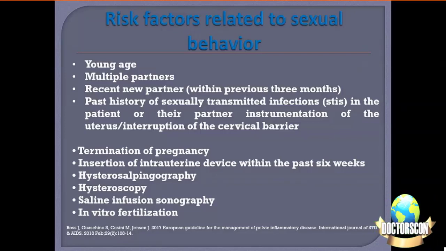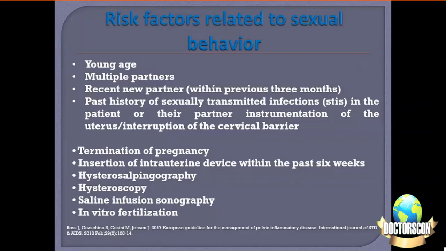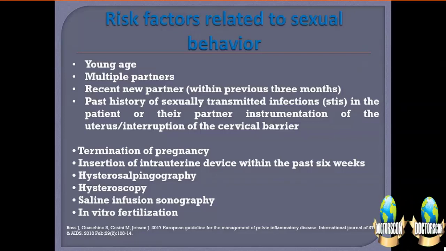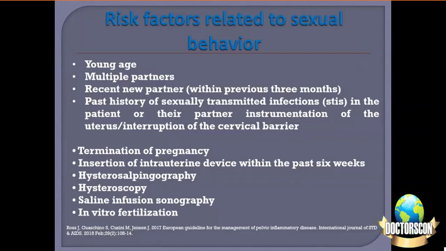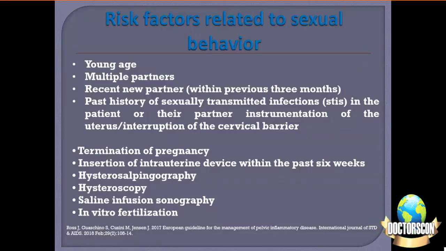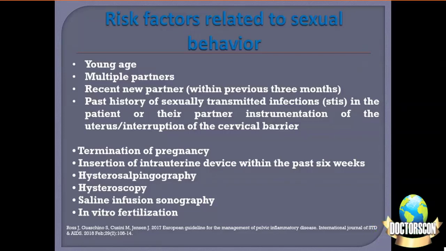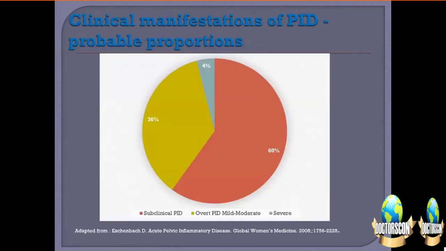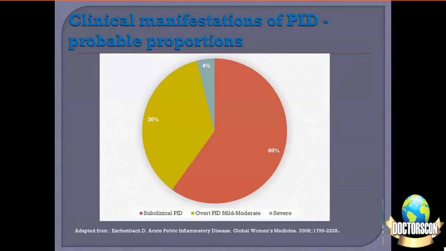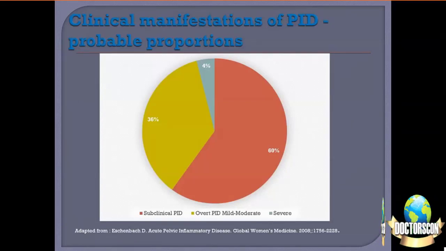About 30% are going to have overt PID that can be mild to moderate, and in about 4% of patients, it can present as a severe disease. So it's very important to suspect this condition, as a large majority of patients can be either asymptomatic or have a non-classical presentation of PID. Next, please.